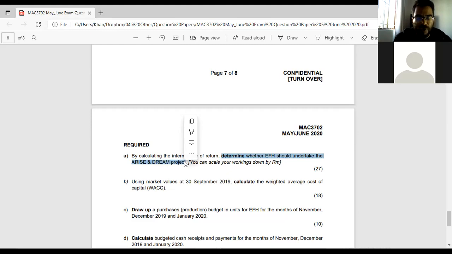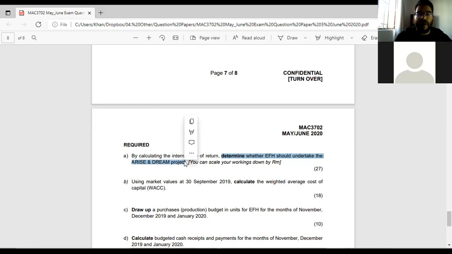The purpose of capital budgeting is to help you to decide whether or not you should go ahead with an investment decision. What's going to help you is using a capital budgeting technique.